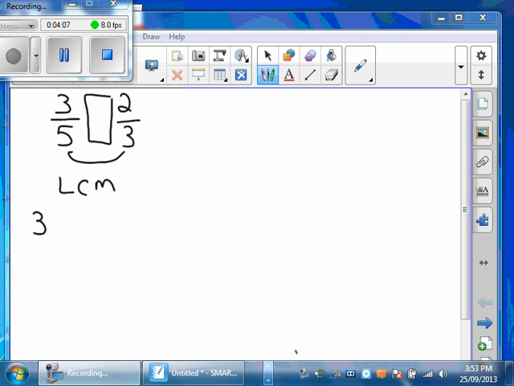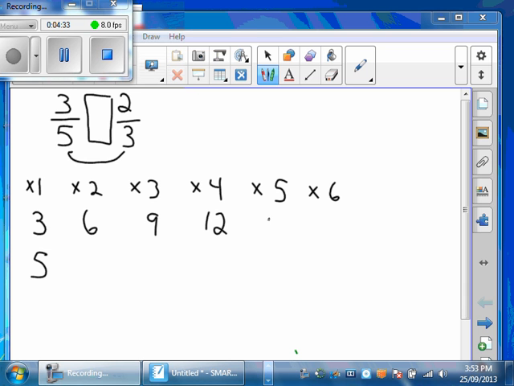So if we have 3 here and we have 5 here, and we were to actually draw in a table, this would be times 1, times 2, times 3, times 4, times 5, times 6. Now all we have to do is skip count our way across. Okay, 6, 9, 12, 15, 18.